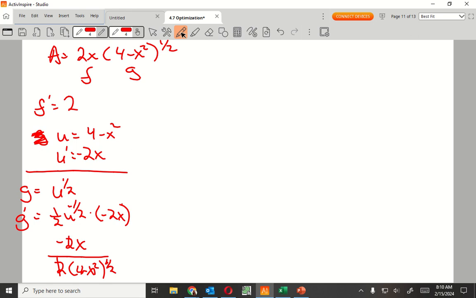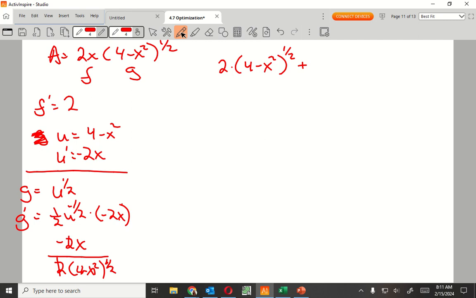So my product had a chain in it, so now I have everything written out, and now I can put my product rule together. So my product rule is F prime G, so that's going to be 2 times G, which is my 4 minus x squared to the 1/2, plus G prime F. And in this case, I'm gonna put the F first because my G prime is really ugly.